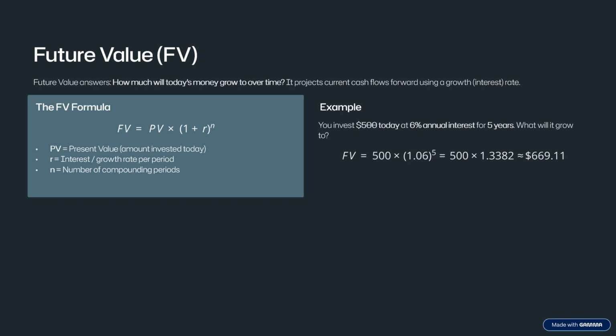Okay, so it keeps growing year after year. Correct. So after 5 years, your $500 becomes approximately $669. Correct. What does it mean? It means your $500 has grown, and the extra money is $169.